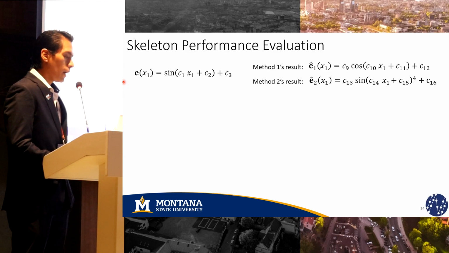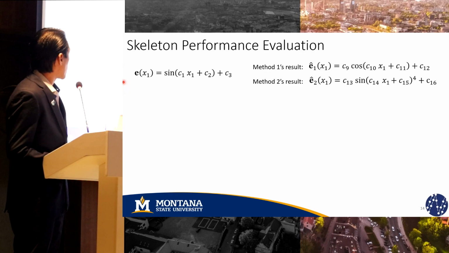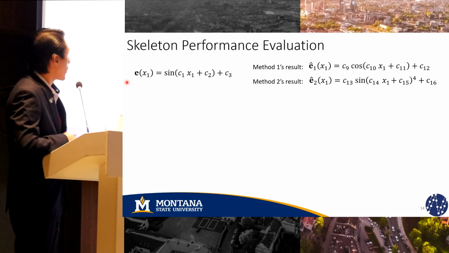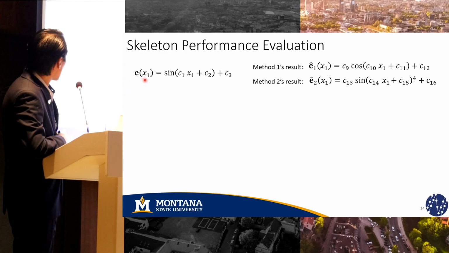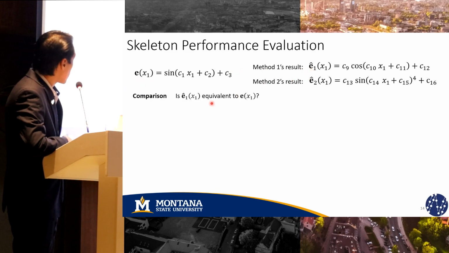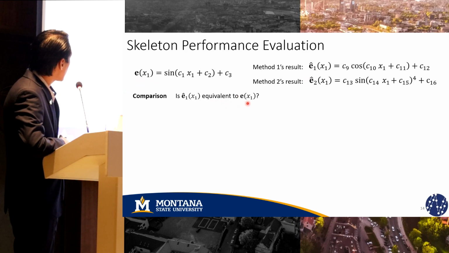So let's use this example to illustrate that. Let's suppose that we have a multivariate function and we are extracting only the skeleton that corresponds to variable x1, and we have it here. And we do the same for the functions that are generated by other methods. So now the question is whether this first estimated skeleton is equivalent to the ground truth skeleton.